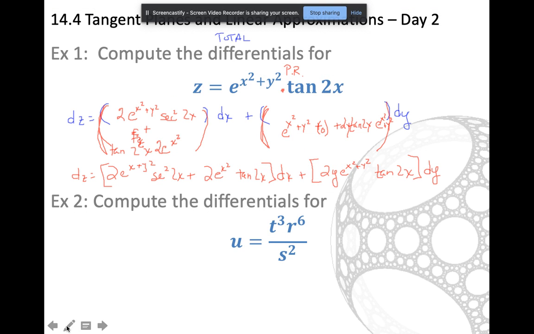Now the next one, I gave you 3 variables. So I have 3 variables, and again, think total. So I'm going to take the differential of u, but that's going to be one differential plus another differential plus a third differential.